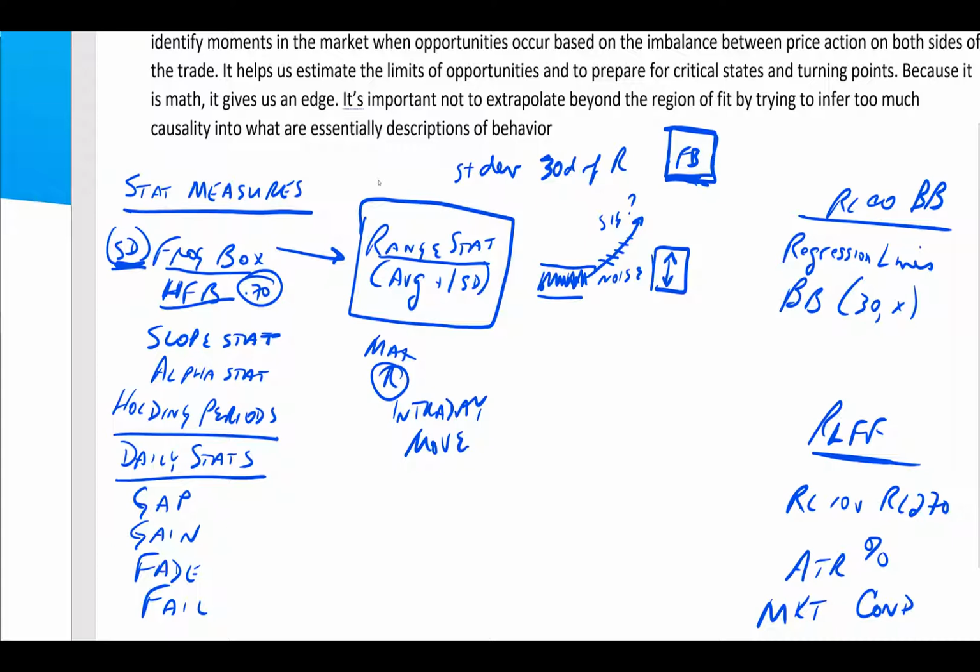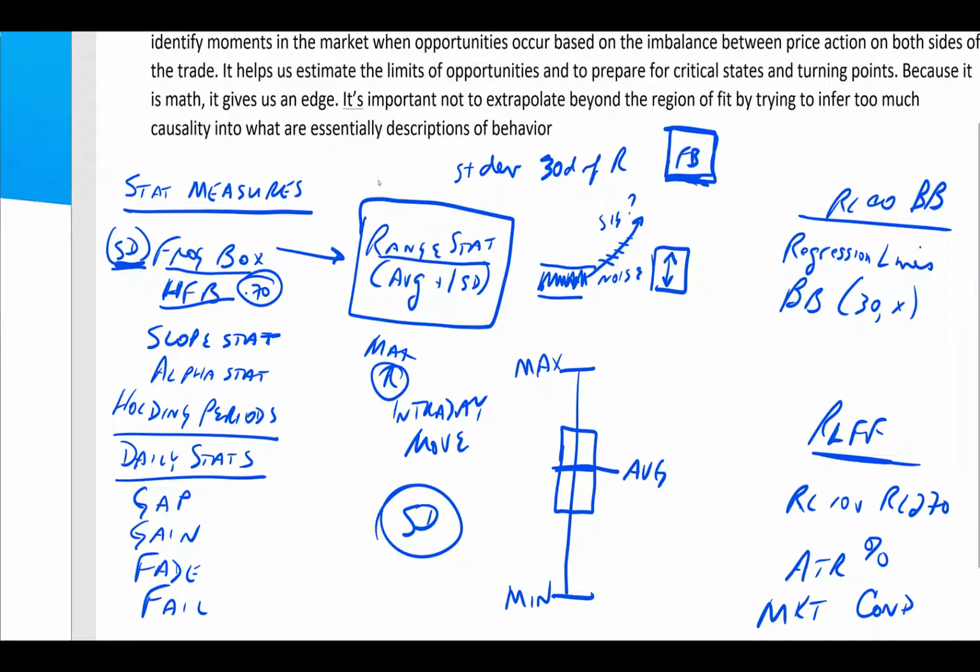which says that if you take the last 30 days of range and you find the min and the max, and you compute the average, and you also compute the standard deviation of those 30, and you draw plus or minus 1 standard deviation around the average, then mathematically about 1/3 and 1/3 falls above and below that average, which is 2/3 of the data, and about 1/6 of the data fits inside here.